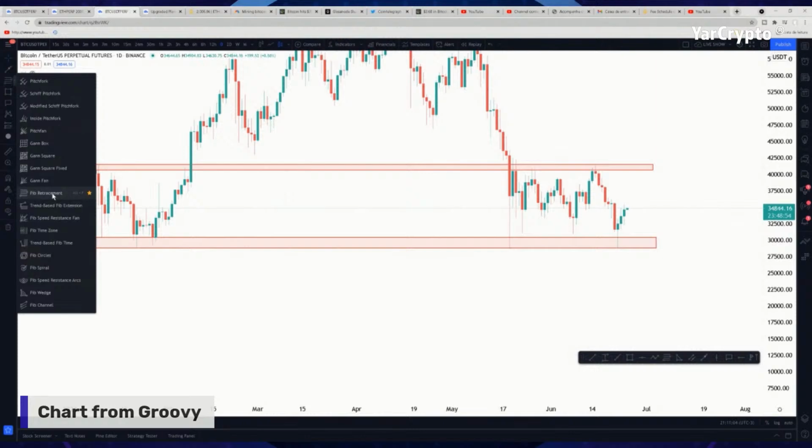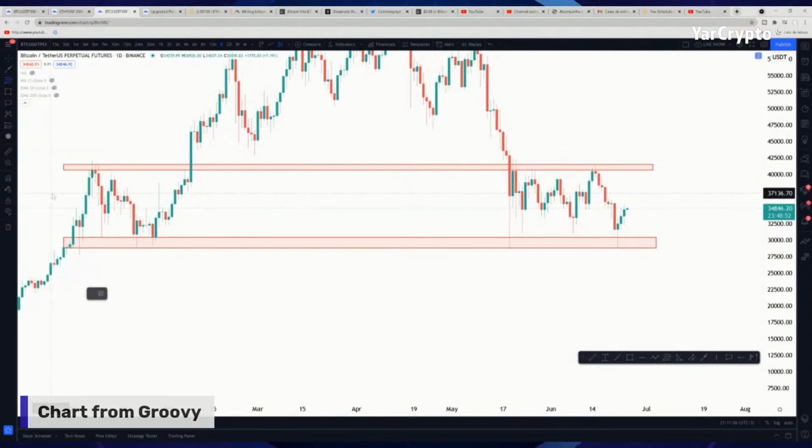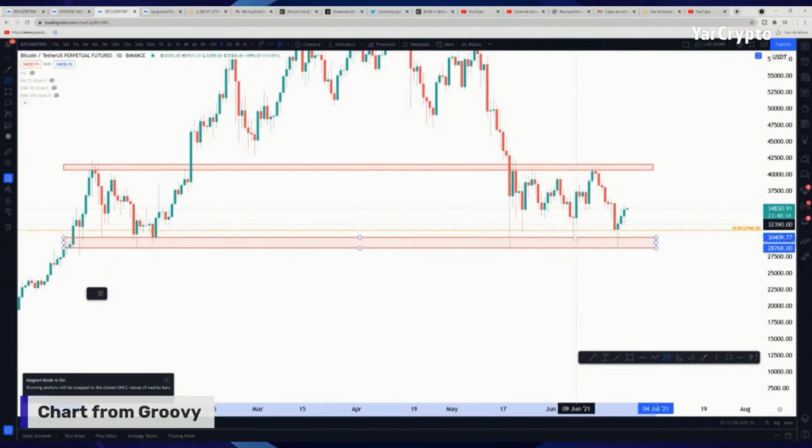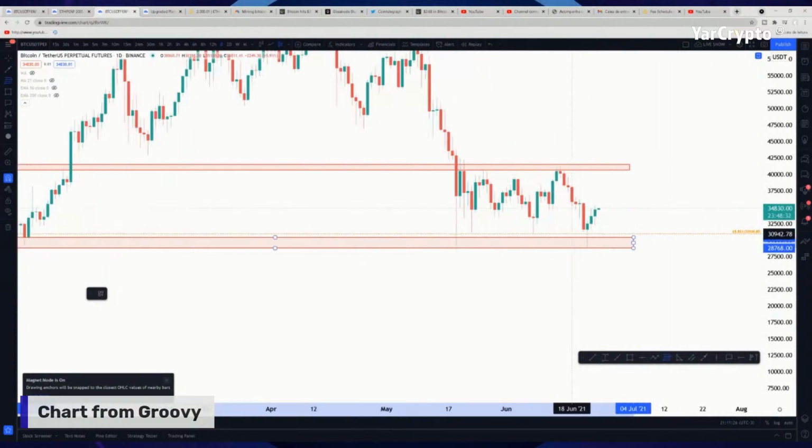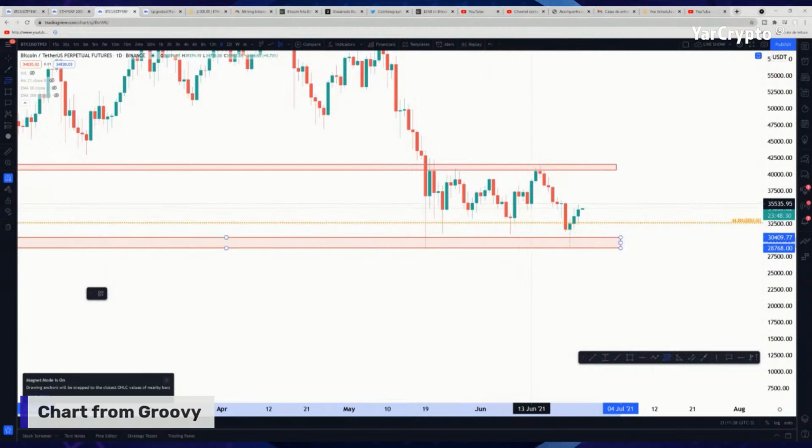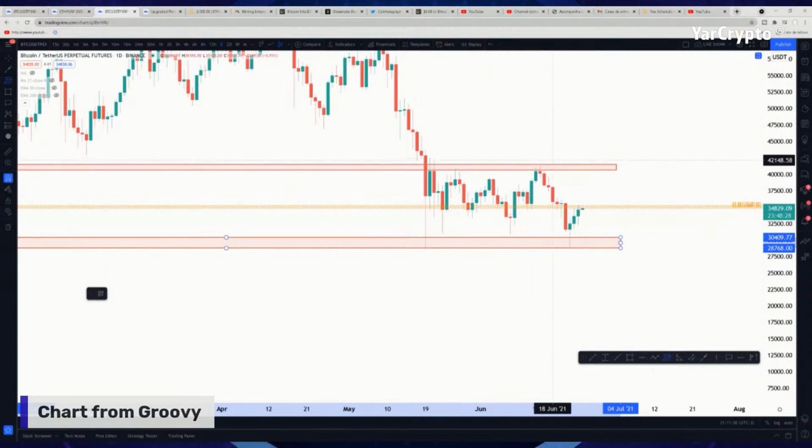We grab the swing low from a point in time, and draw it all the way up to the swing high of that move.